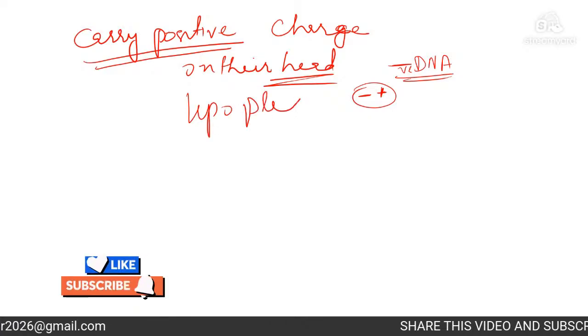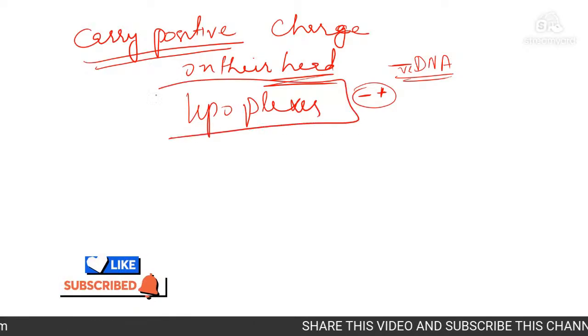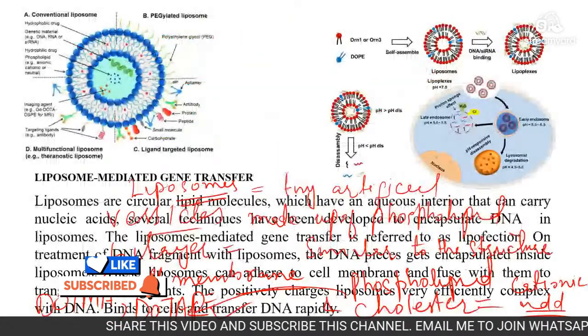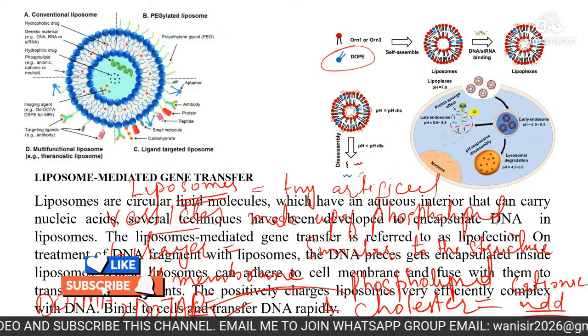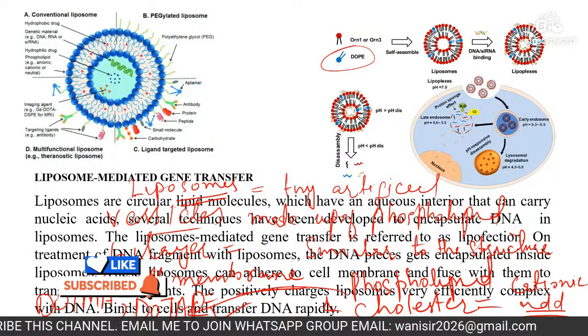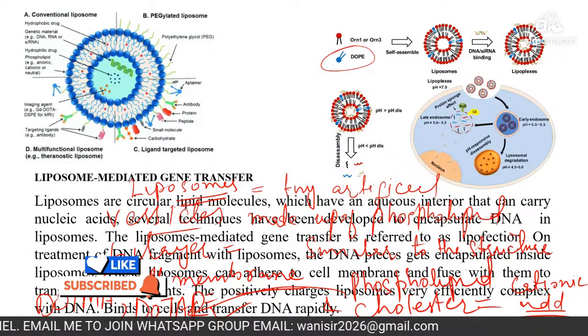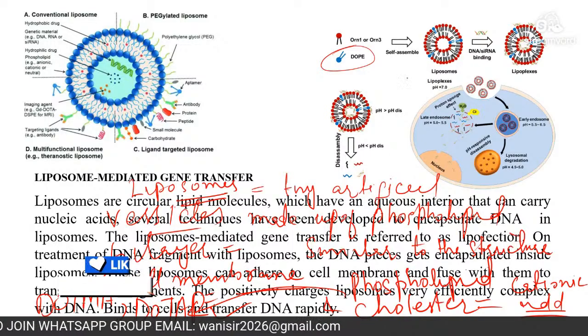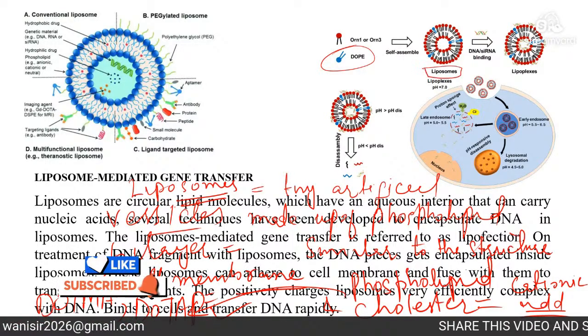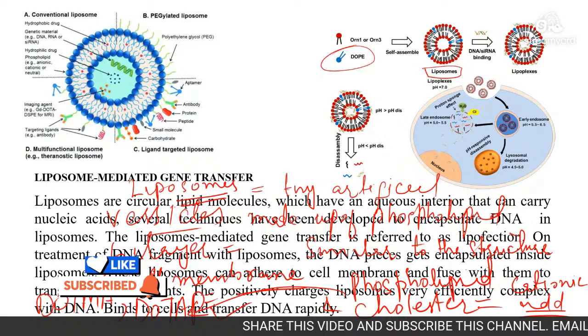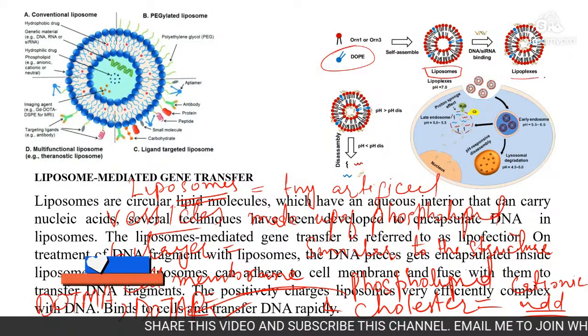Lipoplexes. This is important. What is a lipoplex? These are the positively charged cationic lipids that I told you about. They are added, and this assembly forms the liposome complex, and then negatively charged DNA or siRNA binds to it to form the lipoplex.